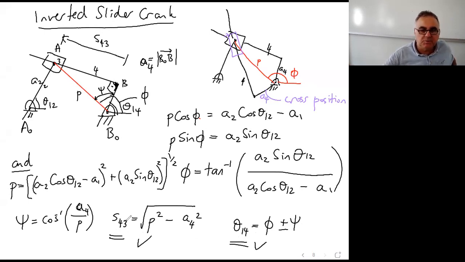Once you solve for P, you can solve for S43 and theta 14. As we see, there are two possible solutions. This is theta 14, and this is also theta 14. Two possible solutions can be obtained.